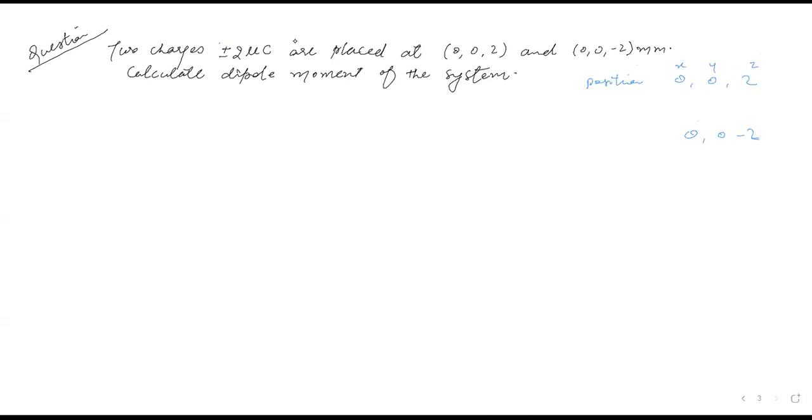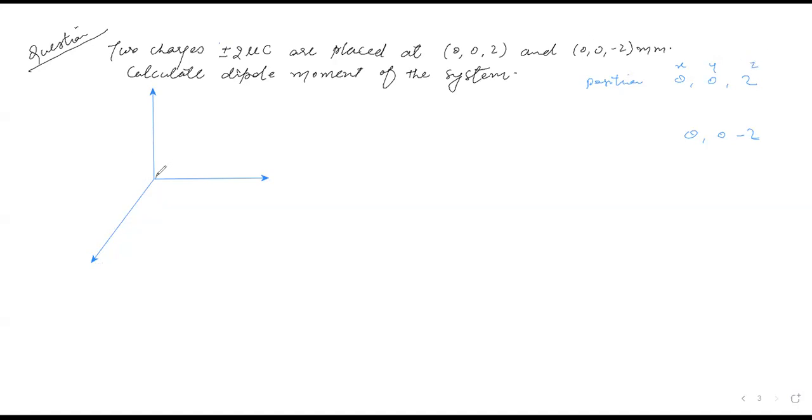Then how can we draw it? Look at here. This is your coordinate of x and this one is the plus of y. And the third coordinate will be in this direction. Then the position of the first charge, I mean plus q, is on the z axis.